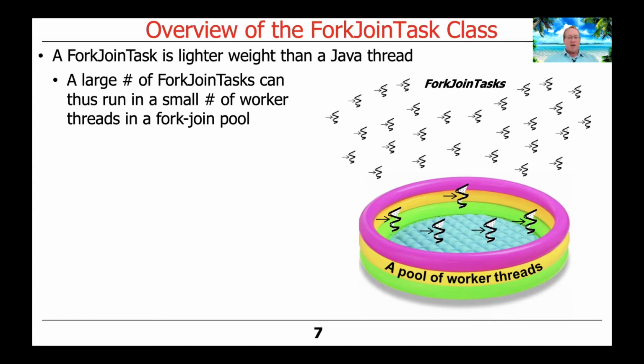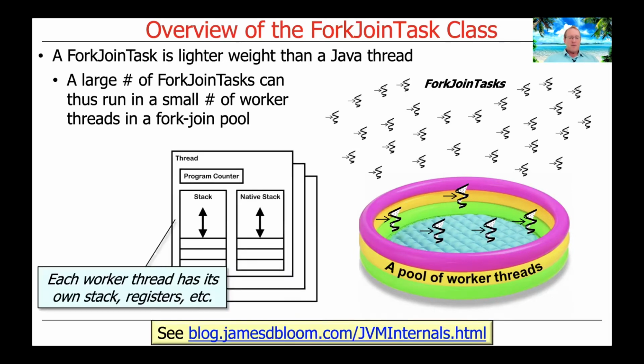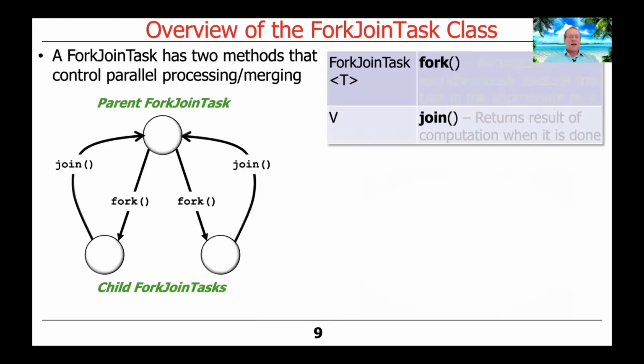So you can see here we have a pool of worker threads with some number of threads, and then we've got a whole boatload of ForkJoinTasks that are multiplexed or run on top of the threads in the pool of worker threads. And again, each worker thread has all the state that's needed to run on the underlying processor cores, but the ForkJoinTasks do not need that.